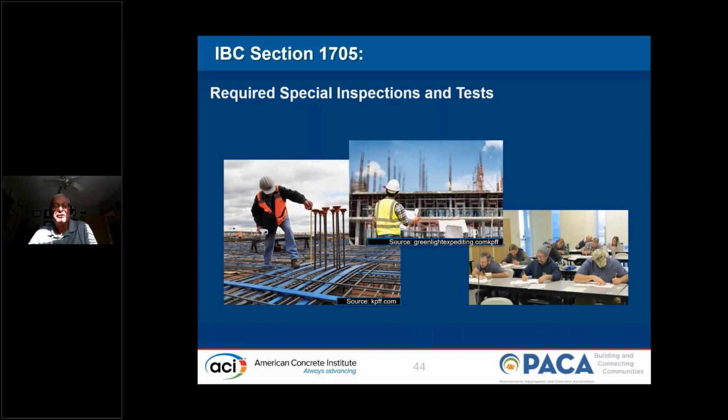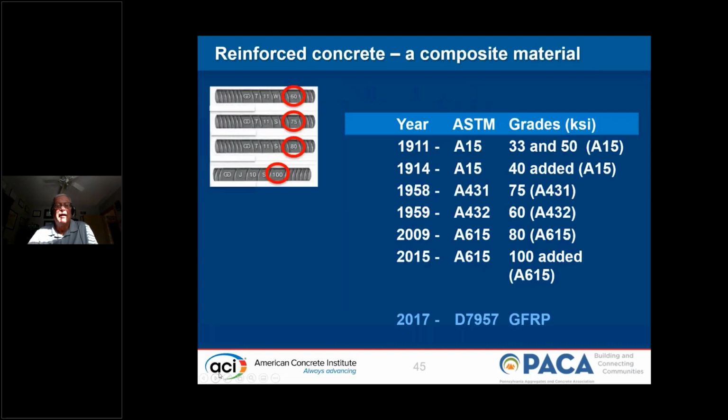So on special inspection, these requirements are covered in the IBC section 1705. What's really important about making sure the inspection is right: Jim talked about concrete showing up at the job site, not in its final form. It's a conglomerate of fine and coarse aggregates, water, cementitious materials, and air. And then when we start doing our design of structural elements, we further complicate the system by turning it into a composite material.